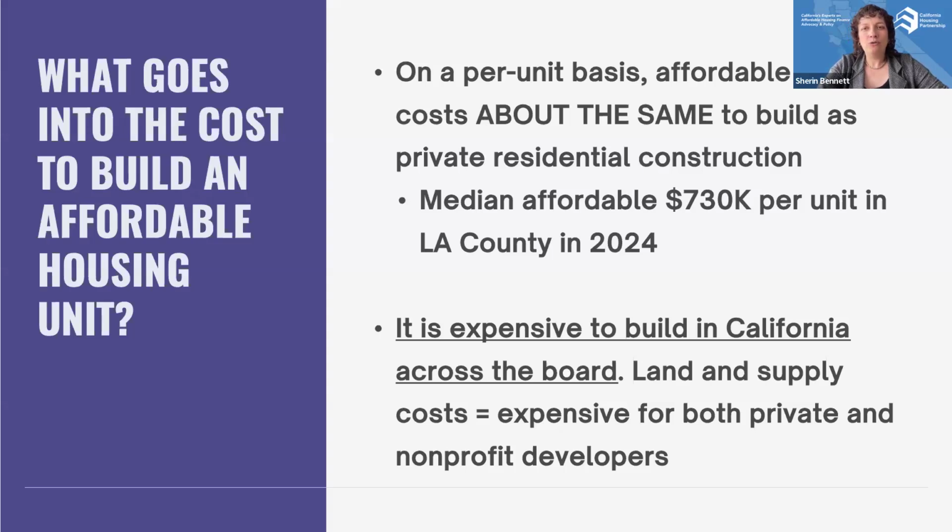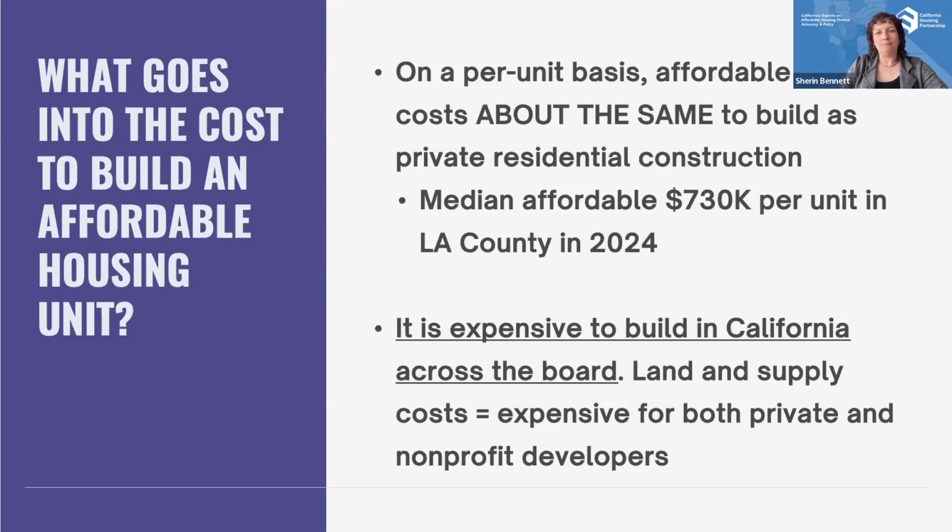And where you might find a difference here is on a per square foot basis, where affordable housing can tend to be more expensive. Part of that is because we have smaller units, so there's more square footage devoted to the expensive stuff like bathrooms and kitchens.